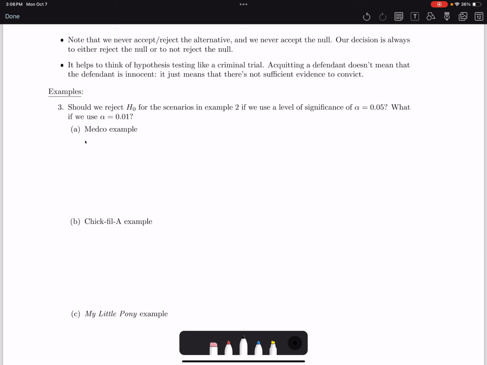And that's going to be bigger than alpha whether we use a 0.05 level of significance or a 0.01 level of significance. So notice that 0.3400 is not less than 0.05. So we do not reject the null.